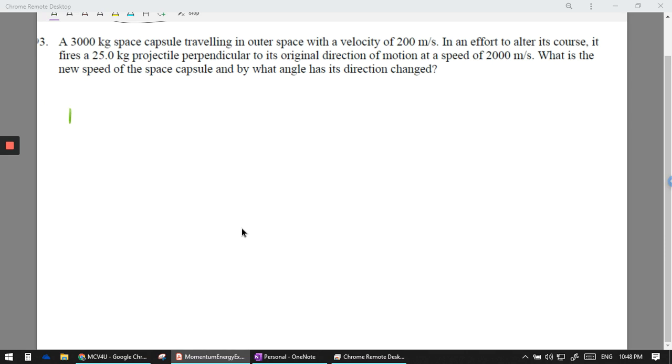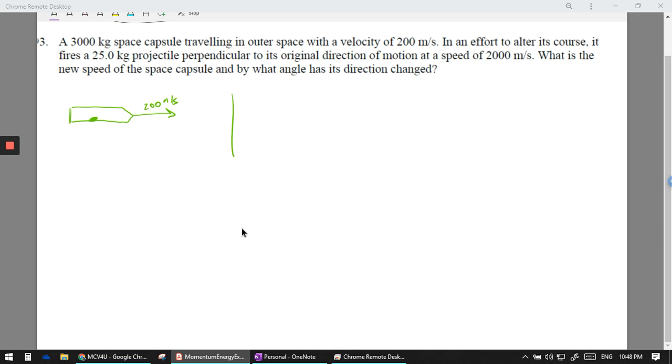We've got our little space capsule here. I'll just draw it like a pencil or something. And on the side of it, it's got this 25 kilogram thing here. It's traveling through space at 200 meters per second.